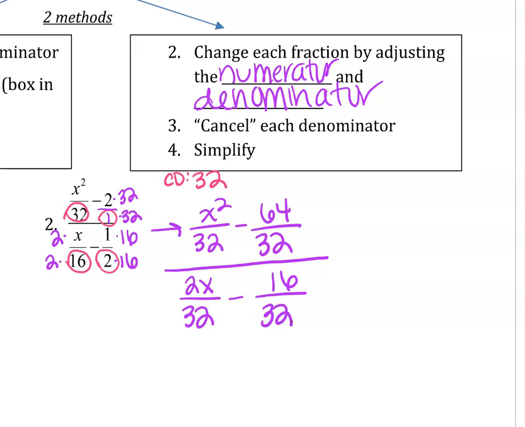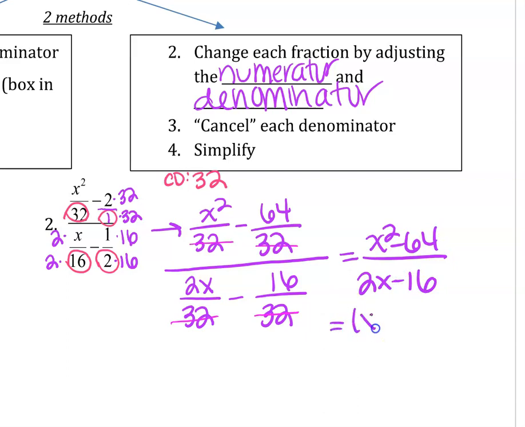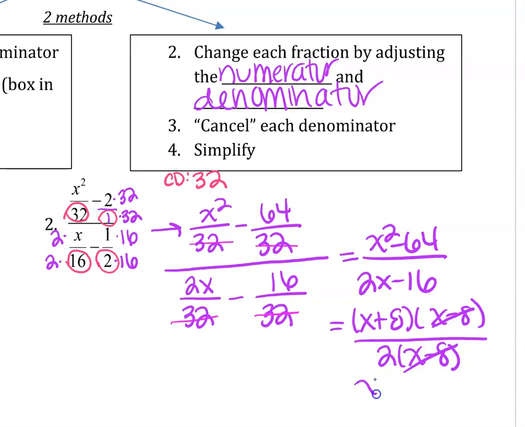Now, once you have all the denominators the same, you can actually drop them out, and I'll show why after the fact. And then you can set it equal to what you have left over in the numerator. So x squared minus 64 over 2x minus 16. That numerator factors using a difference of two squares. Bottom is a GCF. X minus 8's cancel, and that leaves you with x plus 8 over 2.